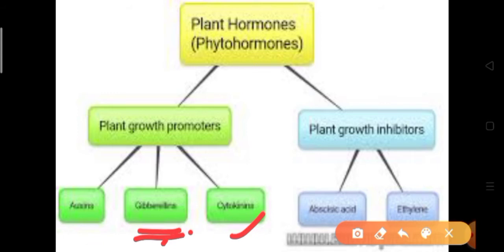Okay, so next is your abscisic acid, which comes under plant growth inhibitors. Abscisic acid promotes seed dormancy by inhibiting cell growth. It is also involved in opening and closing of stomata and also wilting of leaves. Seed dormancy means the seed will become static.